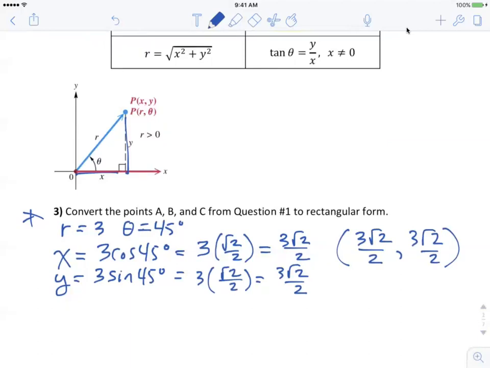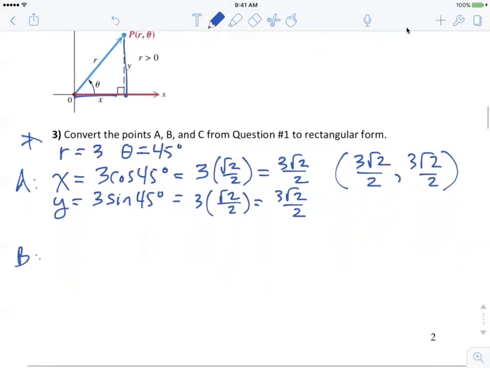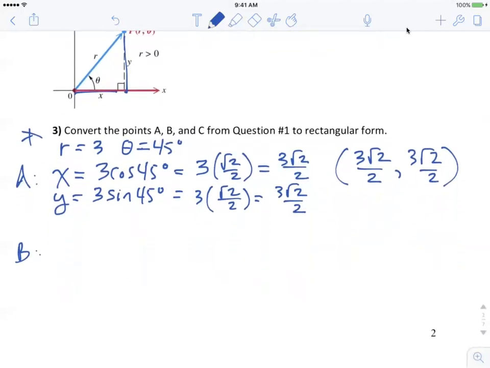Okay, so we can do B as well. That was A. The point B, and again, I'm just going to stick with degrees. So B is 2, so the R is 2. So X is going to be 2 cosine 120.